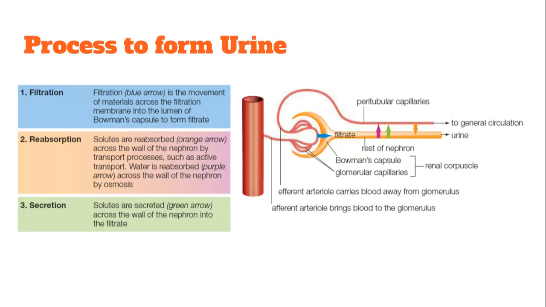Because they're there in such a large concentration, the wastes are being pushed out by high pressure, and the waste that we don't require in our blood is moving into our Bowman's capsule, which we term our glomerular filtrate.